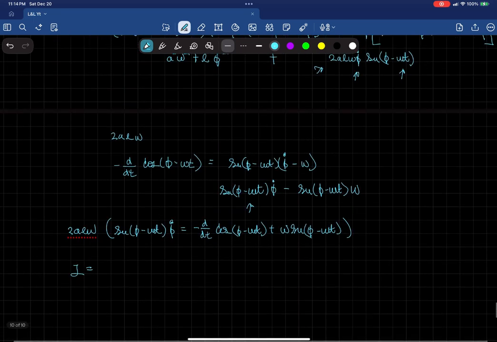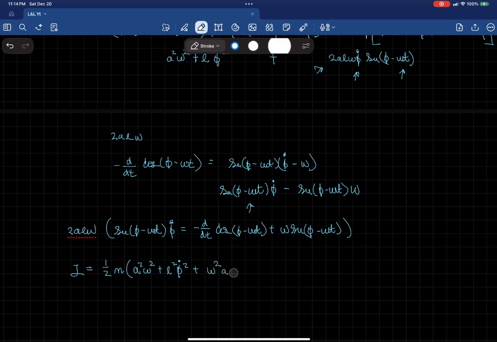My total Lagrangian will consist of 1/2 m times a squared omega squared plus L squared phi dot squared plus 2 a L omega squared sine phi minus omega t.